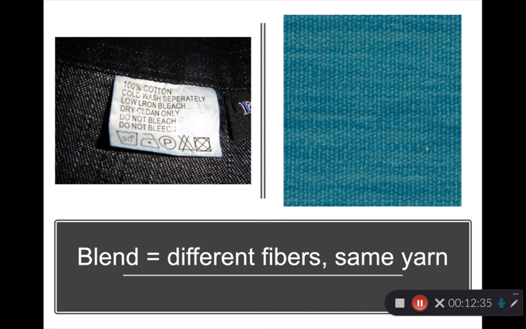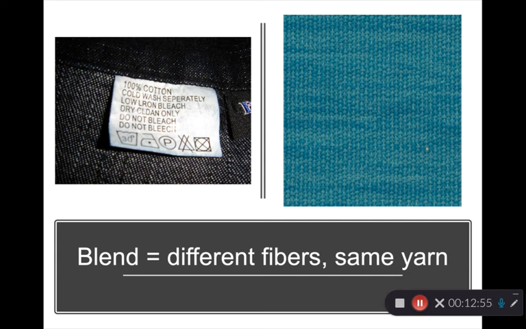You can blend fibers, and you've probably noticed this on your labels and thought about this as we've talked about it during class, of trying to mix qualities of different fibers, to use a cotton to make something more comfortable, but a polyester to make it strong as well.